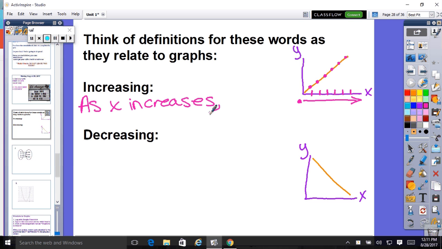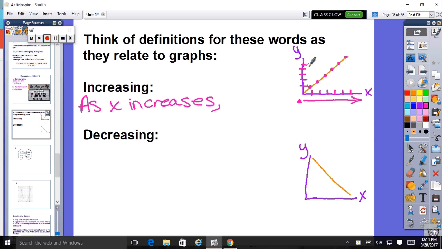Is this a function? Yes, it is a function. Very good. So as x increases, the next part of our definition is going to be the other part of the graph, which is the what? The y values, the outputs, right? What are the y values doing? 1, 2, 3, 4, 5.